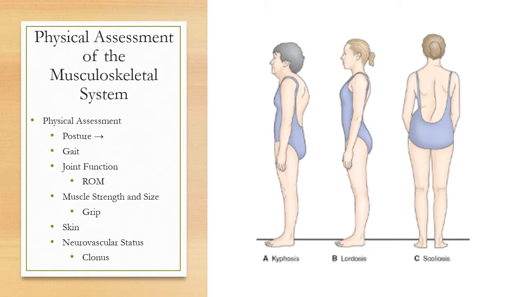So range of motion, do they have equal range of motion on each side? Do they have equal muscle size on each side of their limbs? Neurovascular status, of course, is always important. Checking the pulses of the lower leg, checking for sensation and muscular strength. So that's the neurovascular status. Okay.